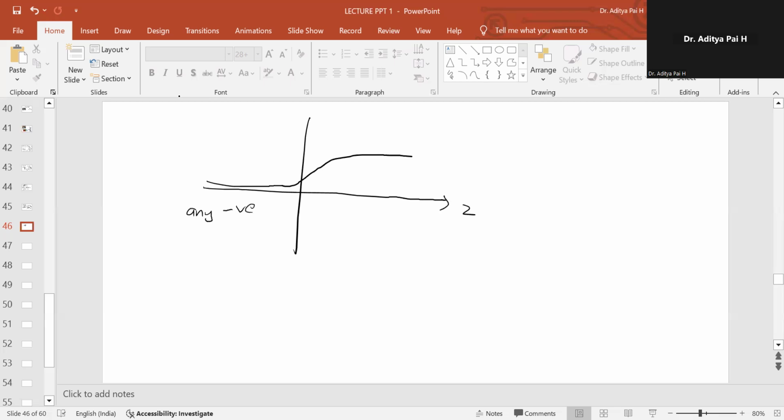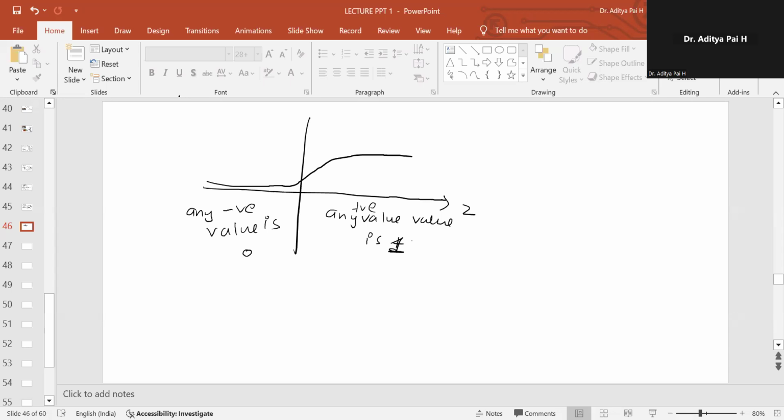Any negative value of z tends towards 0, and any positive value tends towards 1.